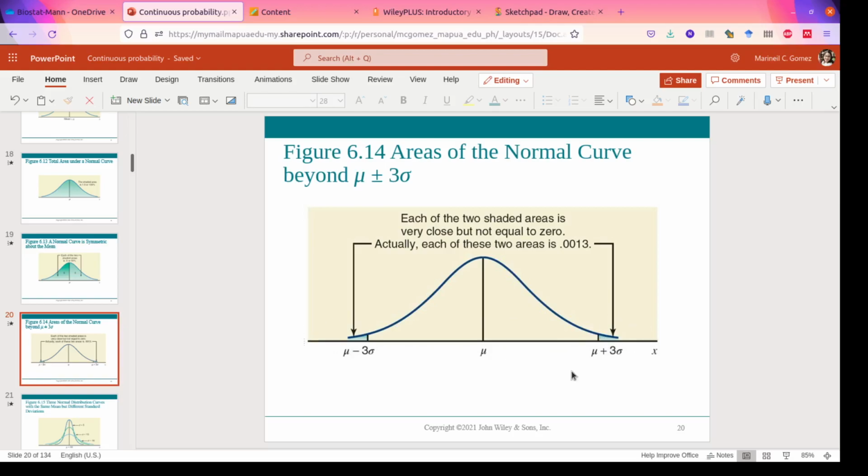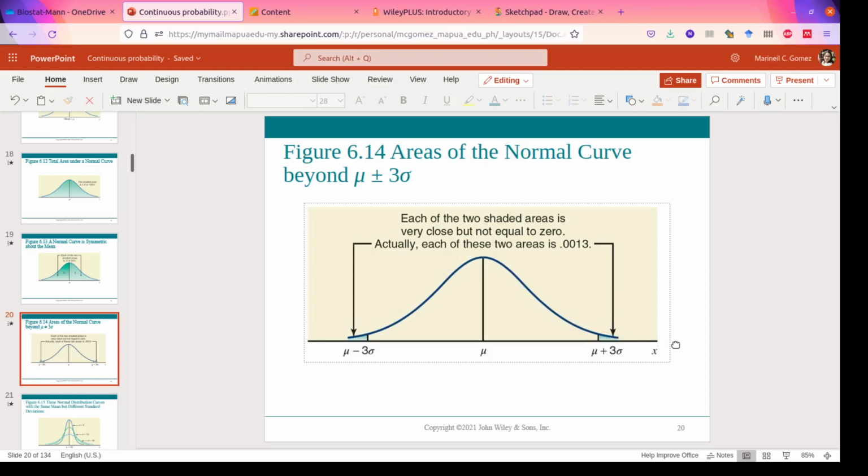Anyway, the point here is that at points far away on both sides of the bell curve, far away from the mu, the area beneath the shaded region becomes very, very small.